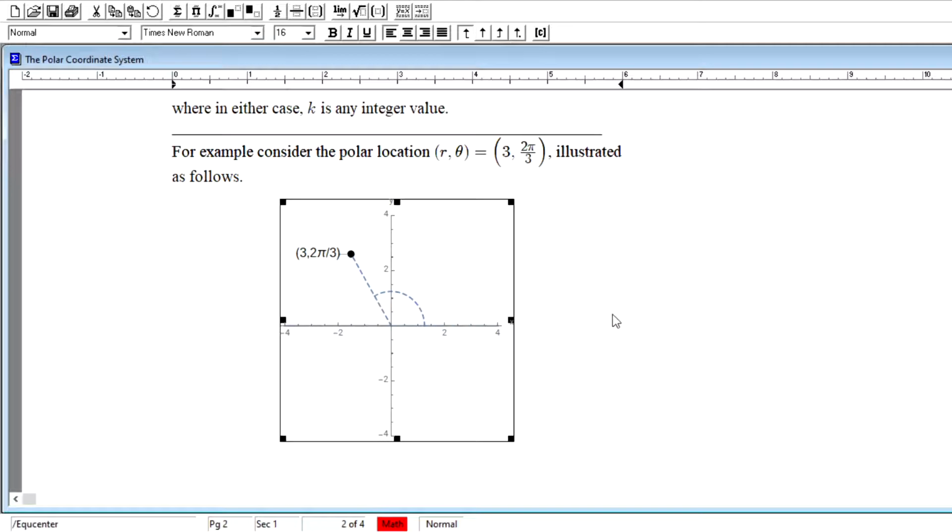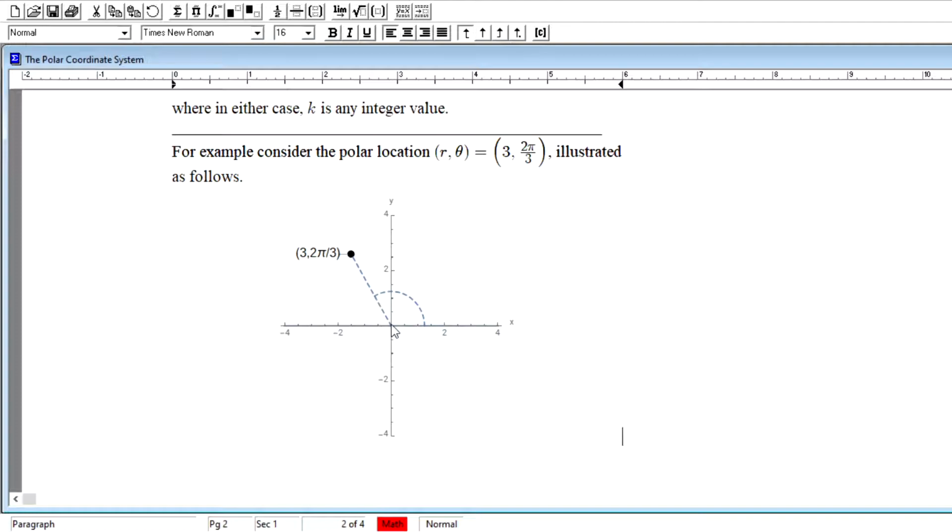And it is located on a radial arm that, if we thought about this line passing from the origin through this point, would form an angle measurement with the positive x-axis here that would measure 2 pi over 3 radians.